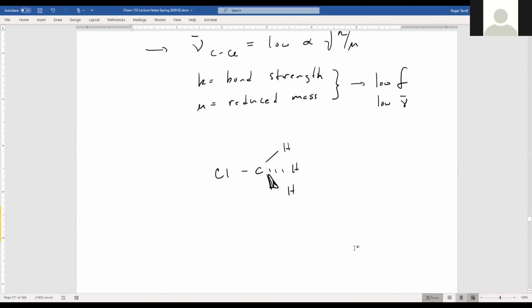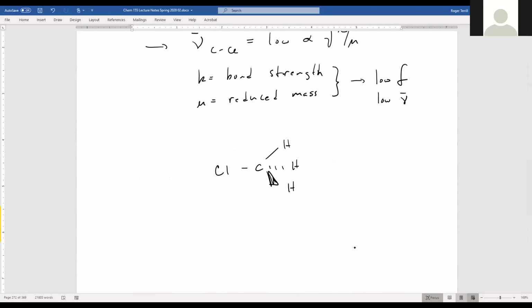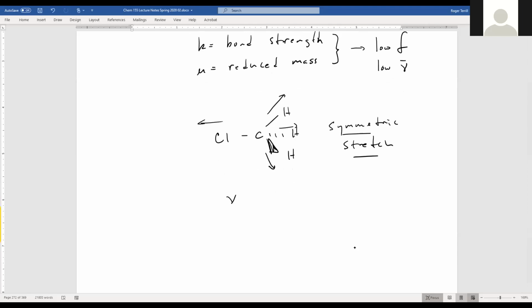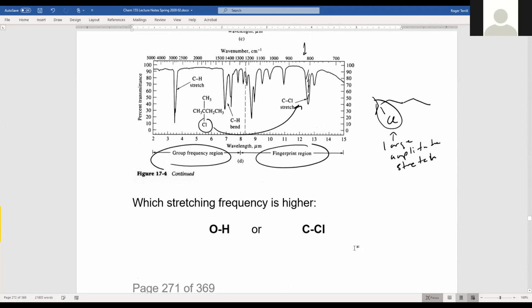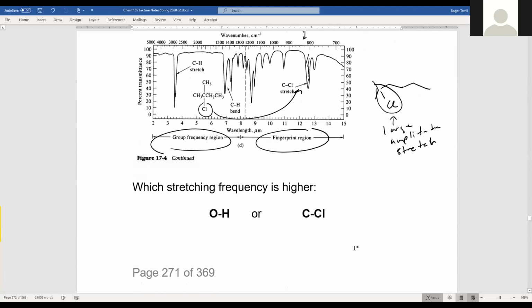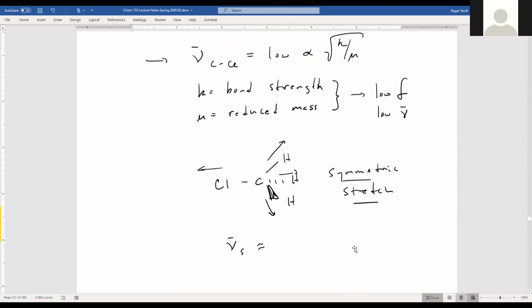In that mode this bond stretches out that way, and these stretch out that way. This is called a symmetric stretch, and it will be about 820 wave numbers.